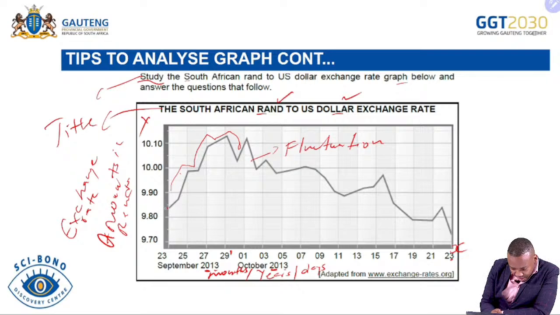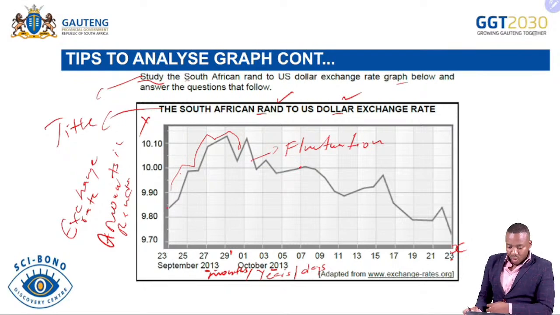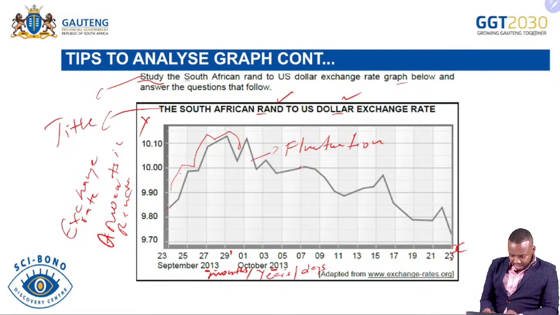Yeah, here it is maybe 9 rand 84 cents. Then let's go to the 7th. Here's the 7th. Then you go up. Here you are buying $1 with exactly 10 rand. This is you going inside your graph to try to interpret it.